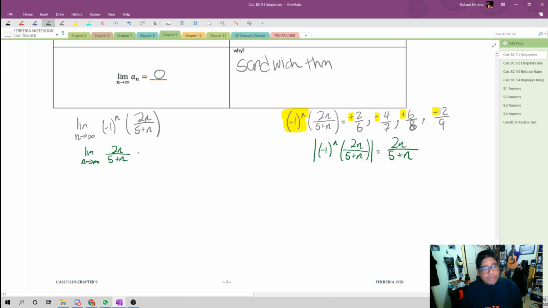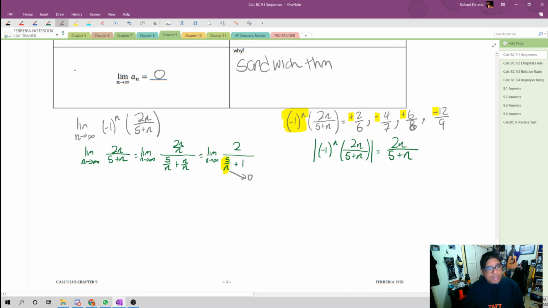We've already learned that we need to divide each part of this by the highest power of n. And then after we divide everything by n, we're going to simplify. Now the only thing that has an n would be this term right here, and that's going to go to 0.